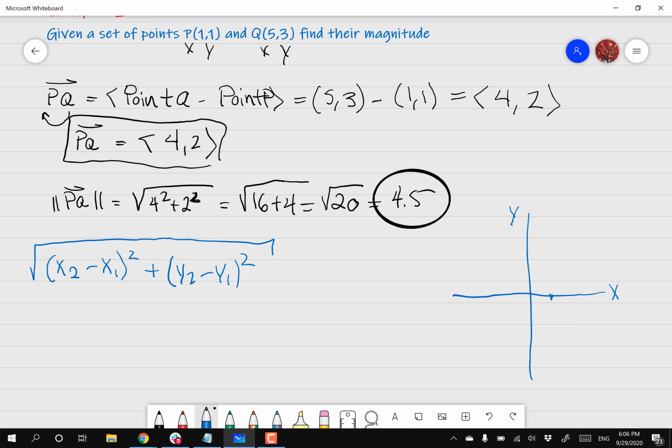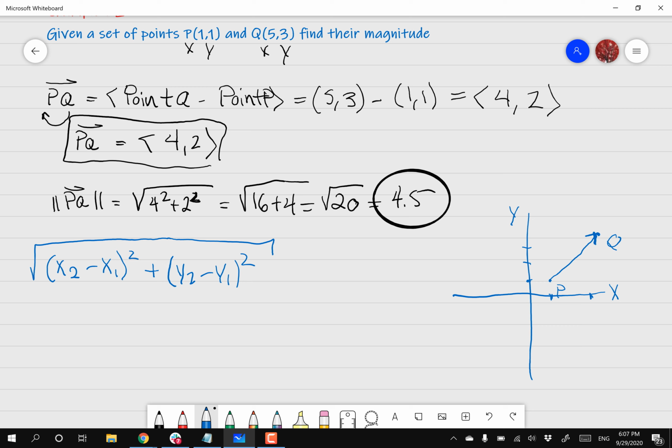We have the point 1 and 1, so 1 is over here and 1 is over here on y, and that's my point P. Then my point Q has the coordinates 5 and 3, so 5 is somewhere over here, and then we go 3 units to the top: 1, 2, 3. So there is my point Q, and that's essentially my vector.